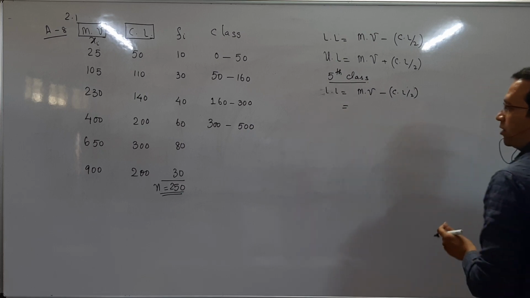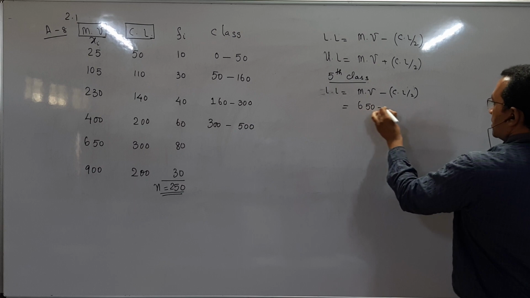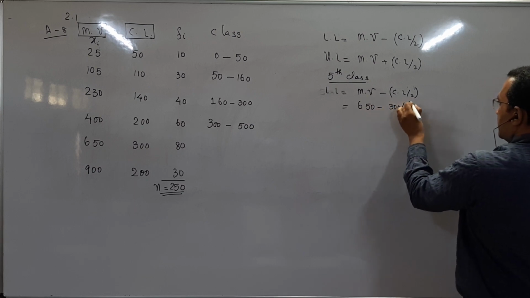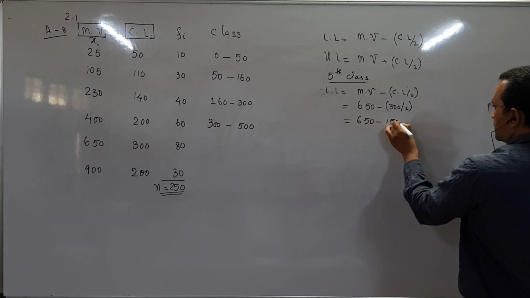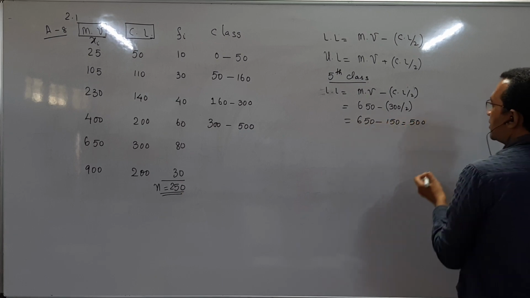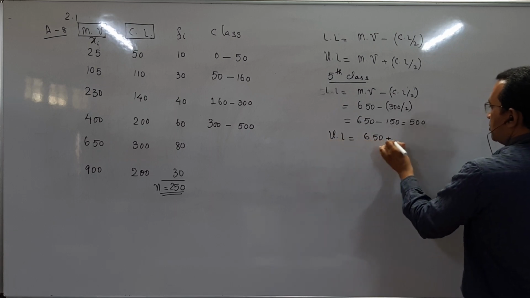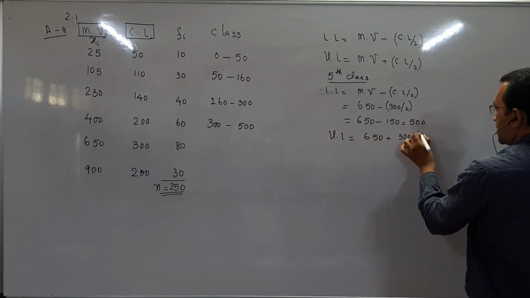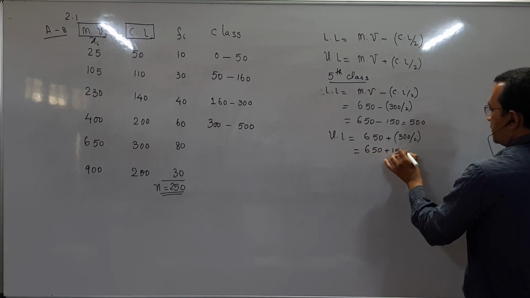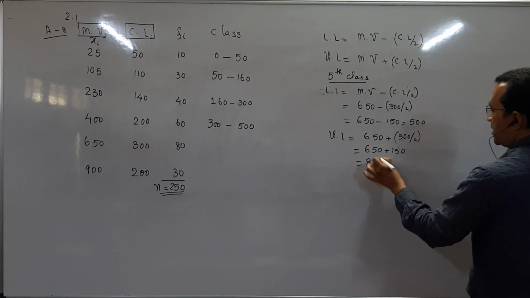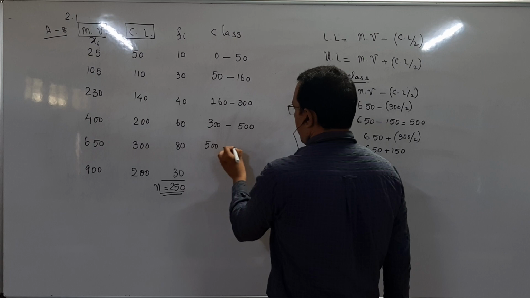Once again, I show the formula. The mid value is 650, class length is 300, and half of it is 150. So 650 minus 150 will give us 500, and upper limit is equal to mid value plus half the class length. So 650 plus 150, which will give us 800. So the fifth class limits are 500 to 800.